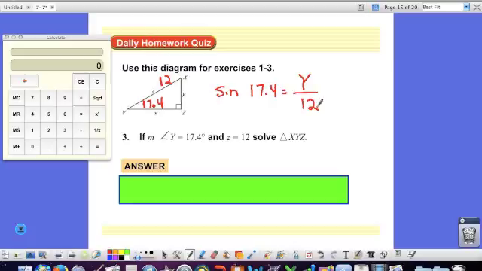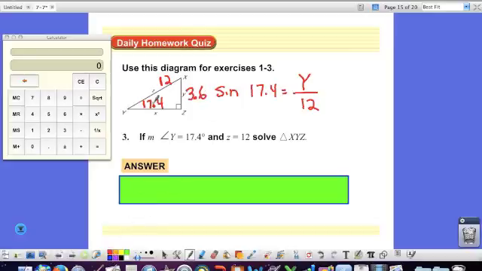So in my calculator, 17.4 sine is 0.29904, etc., times 12, I get 3.58. That's going to round to 3.6.